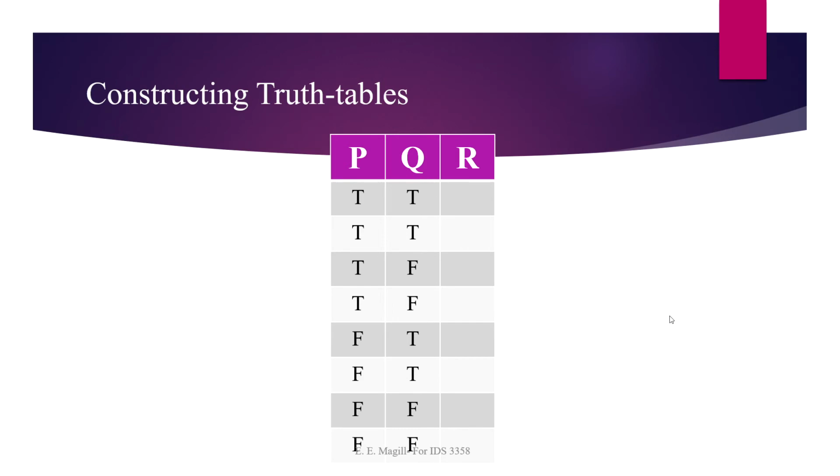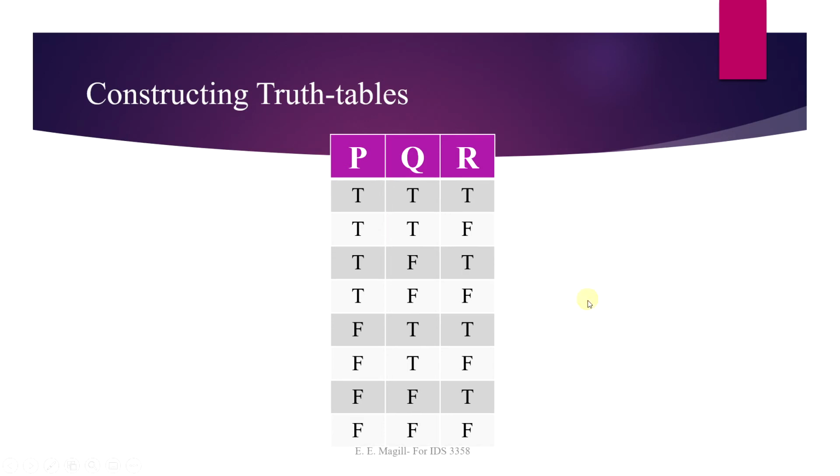In the third column, you divide the number in half again, right? Before we were doing 2. So now we're just going to alternate directly. So you're alternating T's and F's all the way down. In each of these columns, we have 4 trues and 4 falses, just alternating differently. And this methodology ensures that we capture all of the possible combinations.